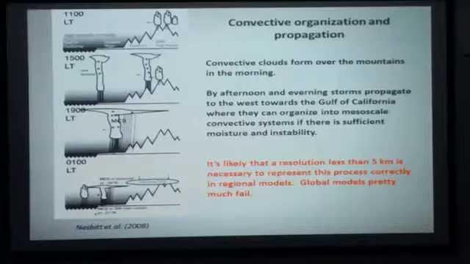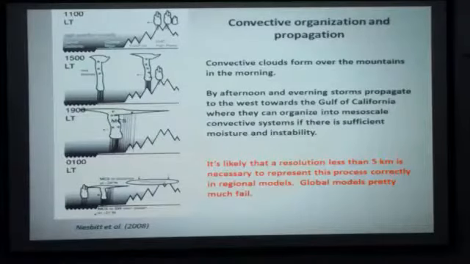There are also certain dynamical structures that we look for associated with mesoscale convective systems, inflows and outflows, that were characterized by Bob Houze and others. So when we have a modeling system, we want to see if we can get this reasonably right. Then as they propagate westward towards the Gulf, they decay in the late evening to early morning hours.